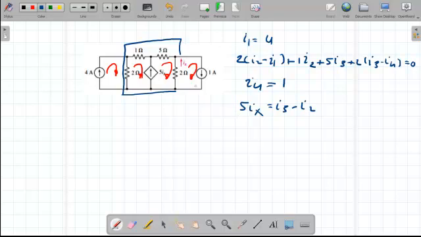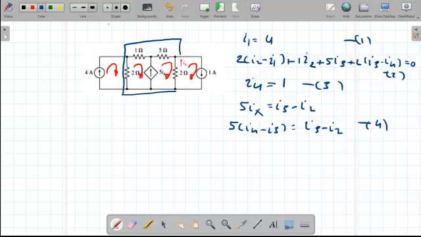But we know that Ix is the current through the 2 ohm resistor. This current is equal to I4 minus I3. So we can say that 5(I4 minus I3) equals I3 minus I2. So this is my fourth equation. First equation, this is the second, this is my third, and this is my fourth equation.